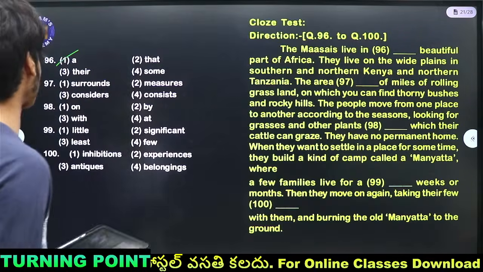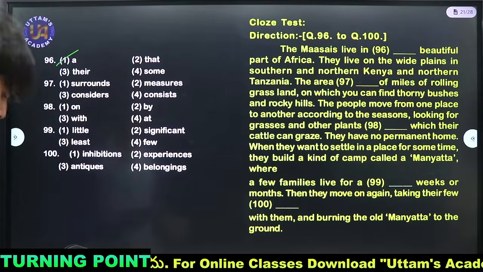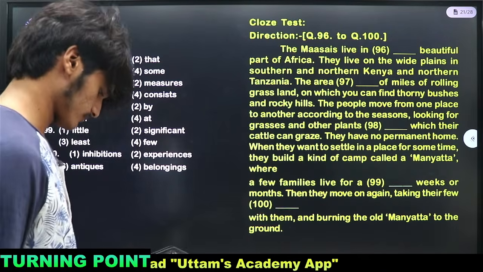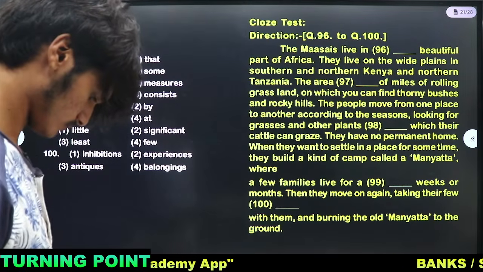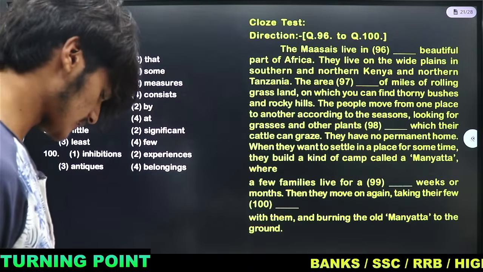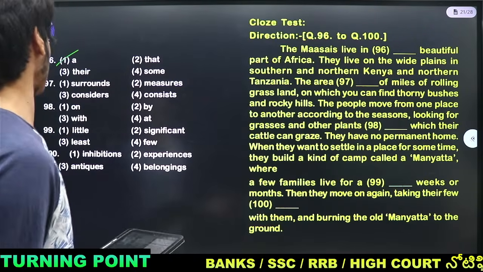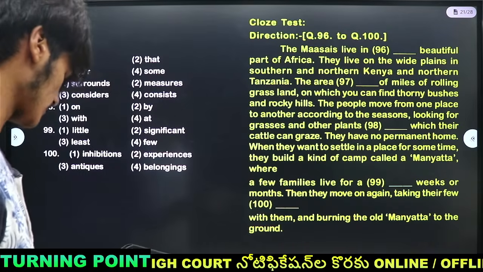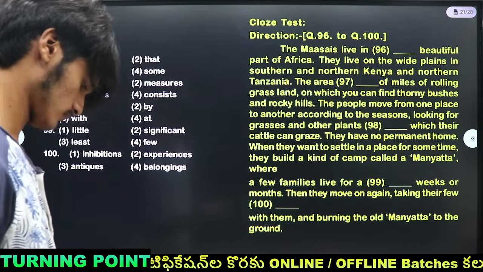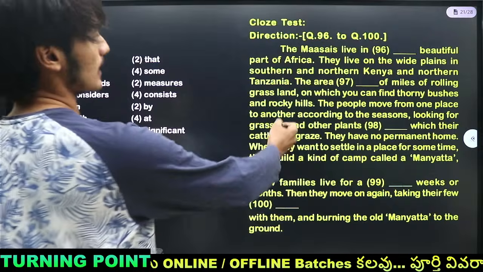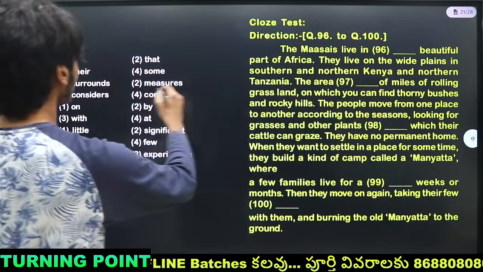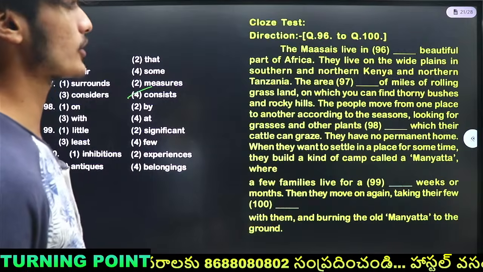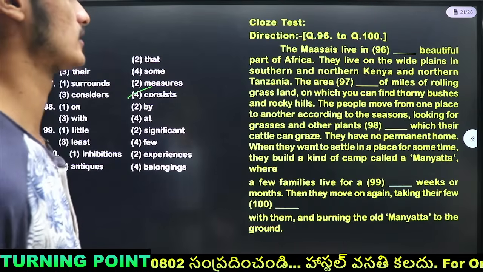Narendra says 97 1, surrounds. Valikant says consists. Ram Nikita says A, surrounds. Hassan Basha says consists. So the area consists of miles of rolling grassland on which you can find thorny bushes and rocky hills.